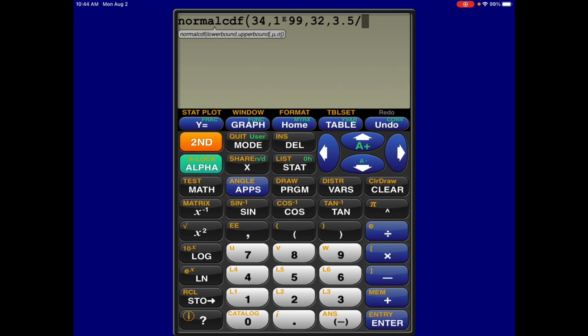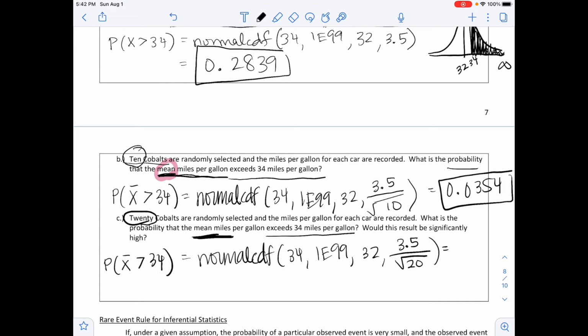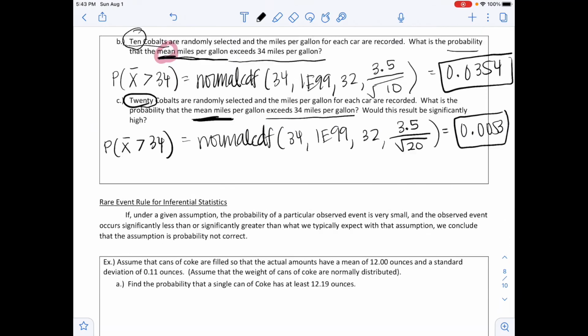So we have 3.5 divided by the square root of 20. Again, do not round this, type it in exactly as it is. Select enter, and we get our probability. From the calculator, we get 0.0053.